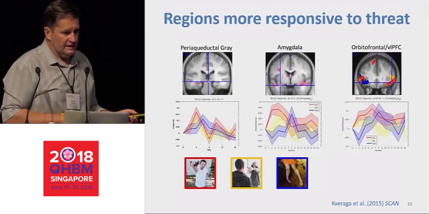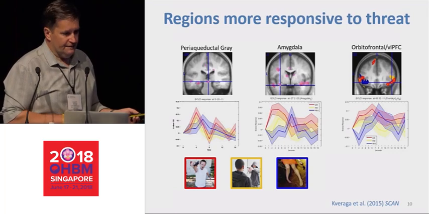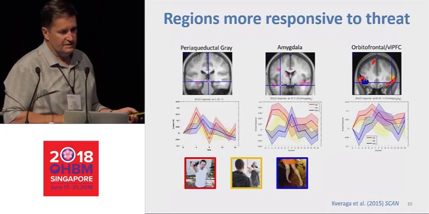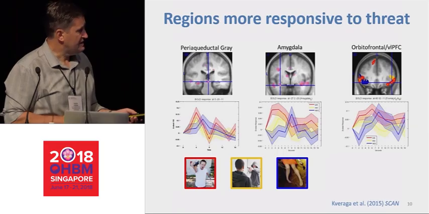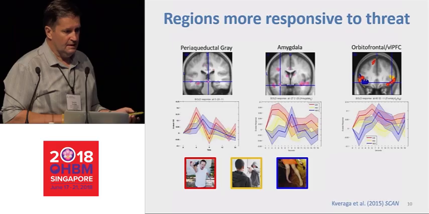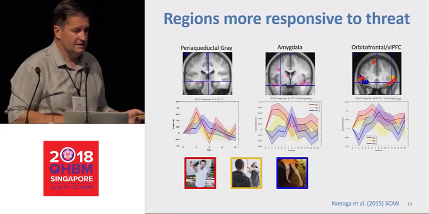So looking at some of the subcortical regions, in the periaqueductal gray, we have sharp peaks of responses to the direct and indirect threat conditions. And of course, periaqueductal gray is associated with threat proximity evaluation and has anti-nociceptive properties.